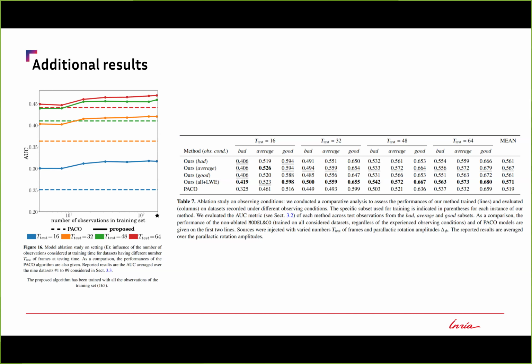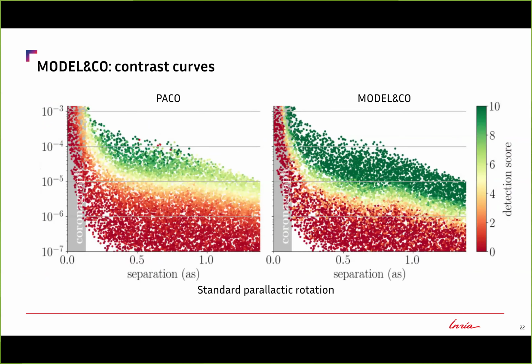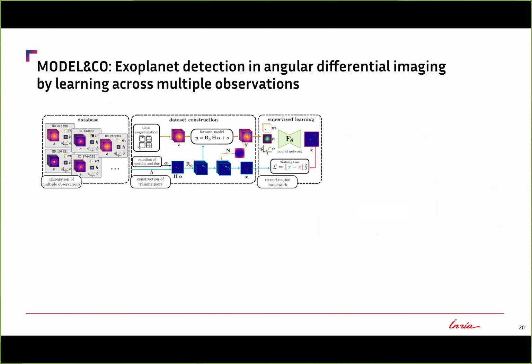I have a machine learning question. On your loss function for the first PACO model, can you describe in words what it does for someone who doesn't know what that is? Okay, I will try.